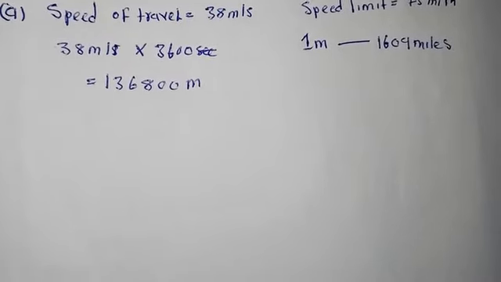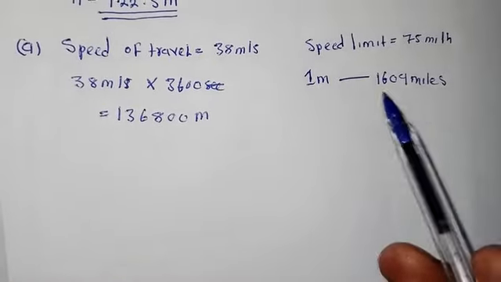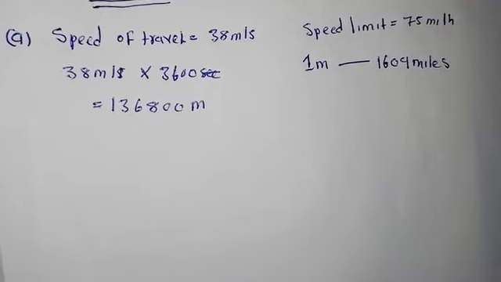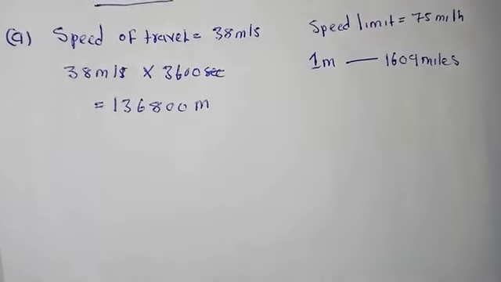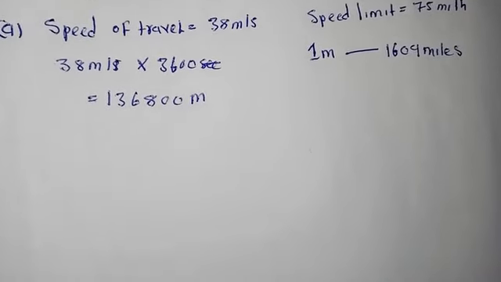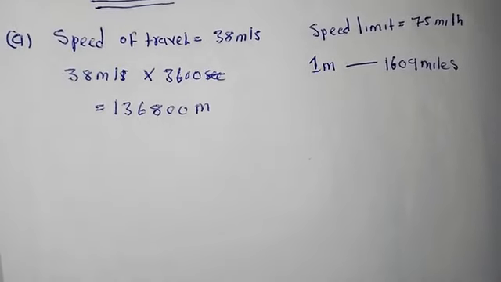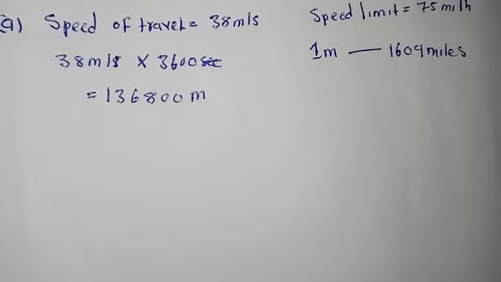Those of you that watched my conversion units physics video know what I'm doing. Now, I want to see the speed that this person was traveling at in miles per hour.